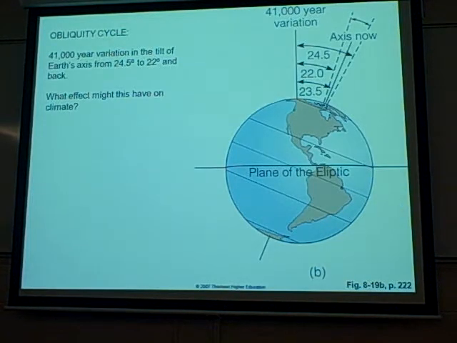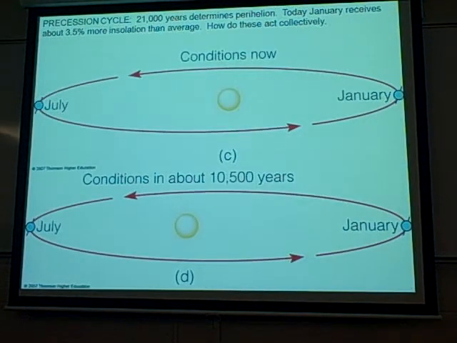Obliquity cycle. That's, again, how much the Earth is tilting on its axis. And this is a 41,000 year variation. It's not a huge difference, but it's enough to, when mixed with other factors, have a significant effect on climate. Precession cycle, 21,000 years. This basically determines how close or far away we are from the sun during what season.